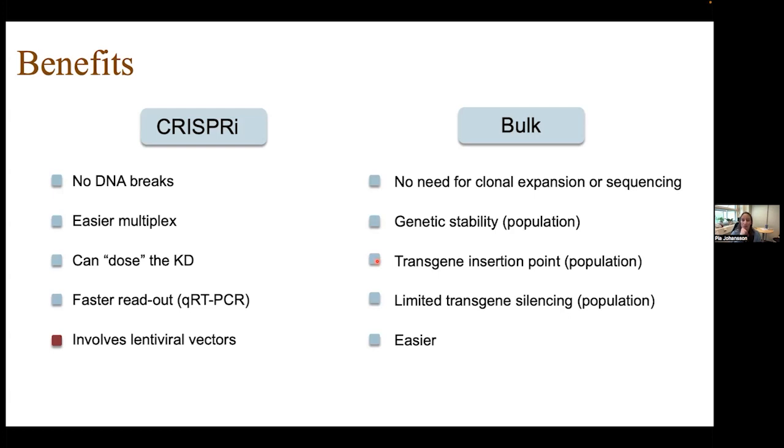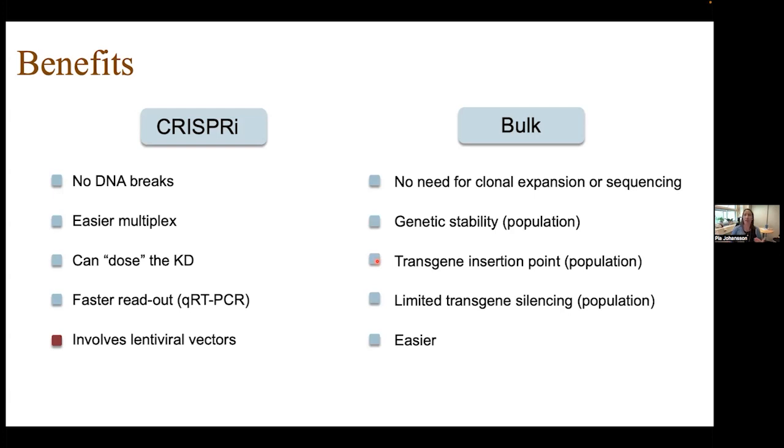The reason to stay in bulk is that you don't need to go for clonal expansion or expensive sequencing. It is better for genetic stability for the whole population. Because we're using viruses, there is a transgene insertion point, of course, but they will insert in slightly different places. So here again, we have thousands of clones in the same thing.